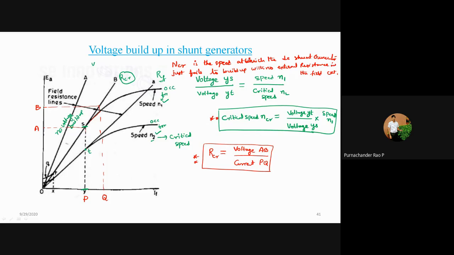If you add external resistance, the slope of the curve will increase, then it reaches a critical field resistance. If you go on increasing the resistance, the slope of the line gets raised, so there is no buildup of the voltage. Okay, so this is about the voltage buildup in the shunt generators, and also we have seen the critical field resistance and the critical speed.